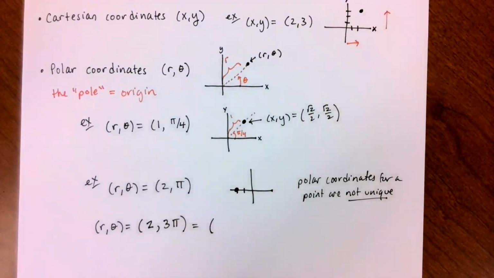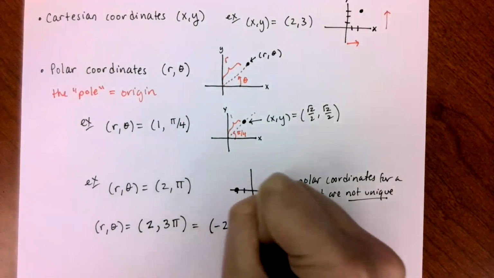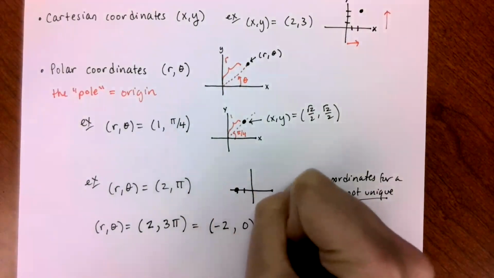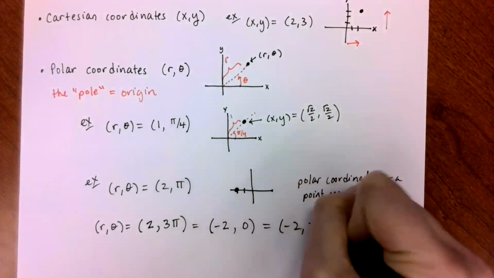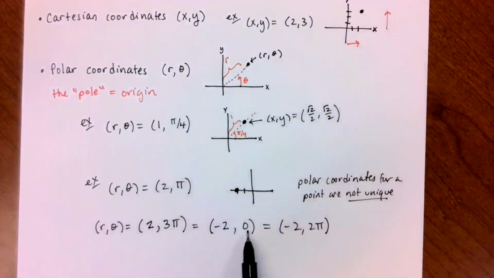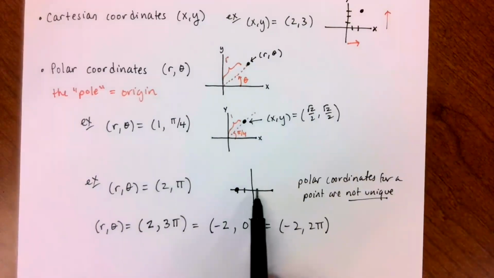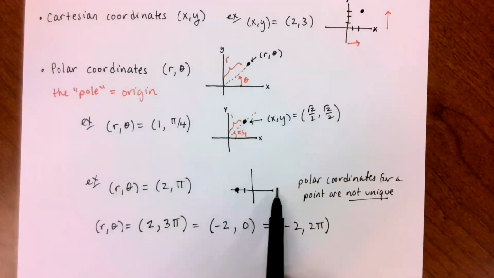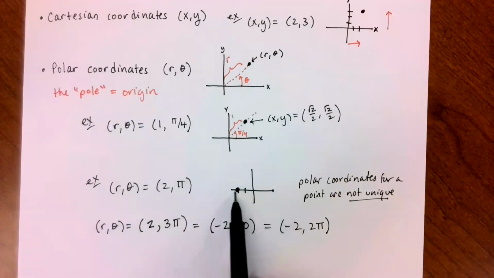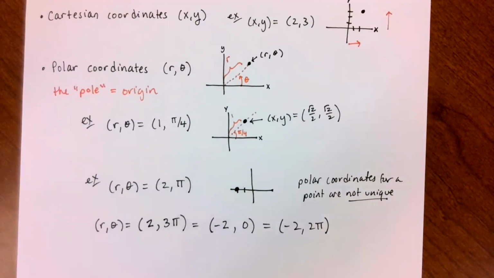So we could have a radius of -2 and have the angle be 0 or even 2 pi. So having an angle of 0 or 2 pi puts me on the positive x-axis. And then the radius being -2 means instead of going out in this direction, +2, we're going to go backwards 2. So all of these land in this same position.